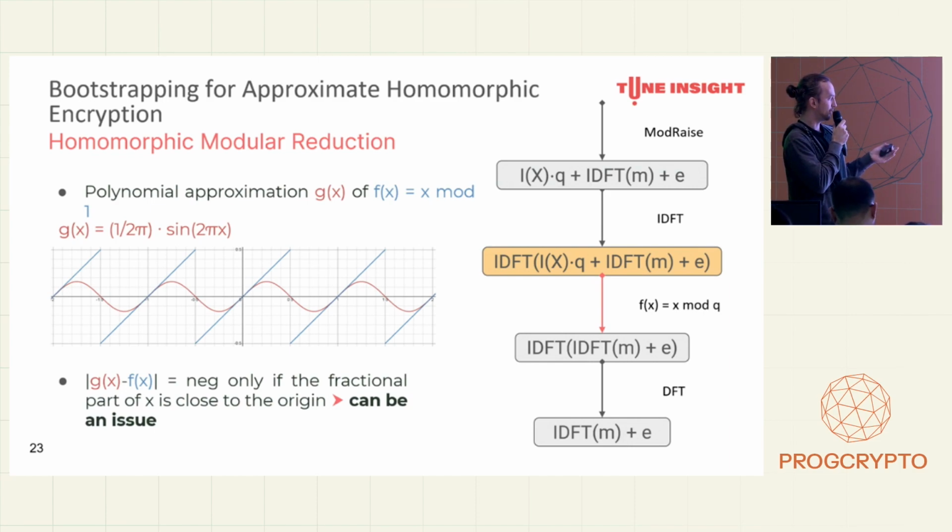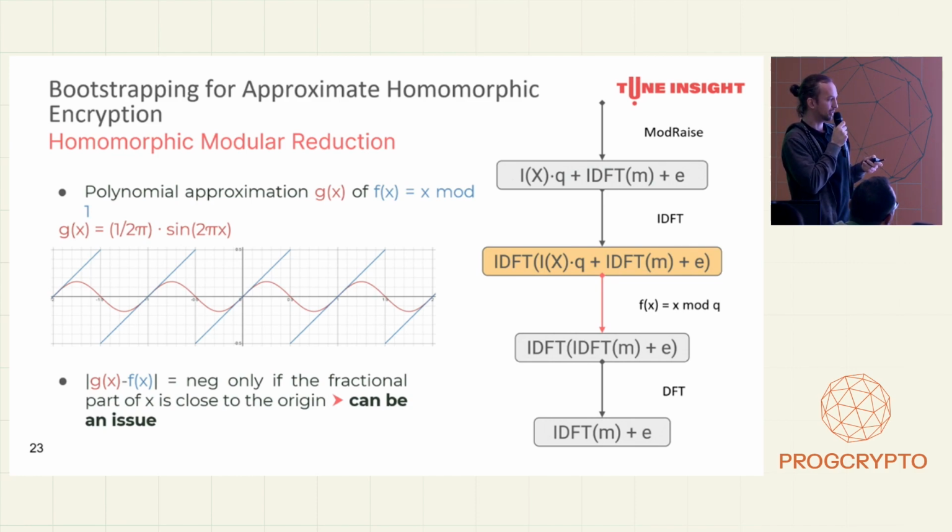So here is the graphical representation of a scaled sine function, and we can see that when your value is close to an integer, then it nicely matches the function x mod 1. The only issue is that you need your fractional part, so your message, to be really small compared to what you want to remove, else you have an approximation error.